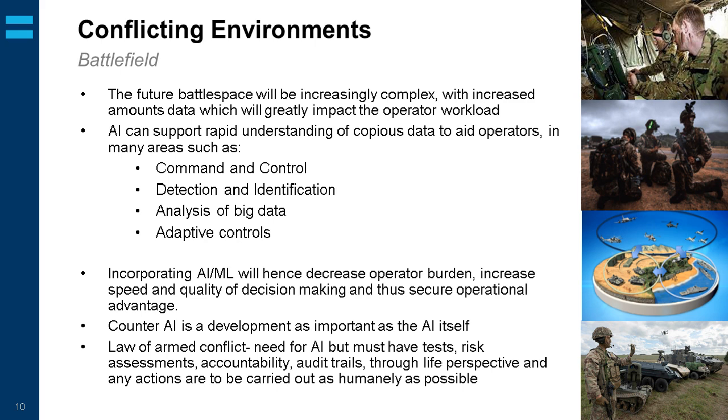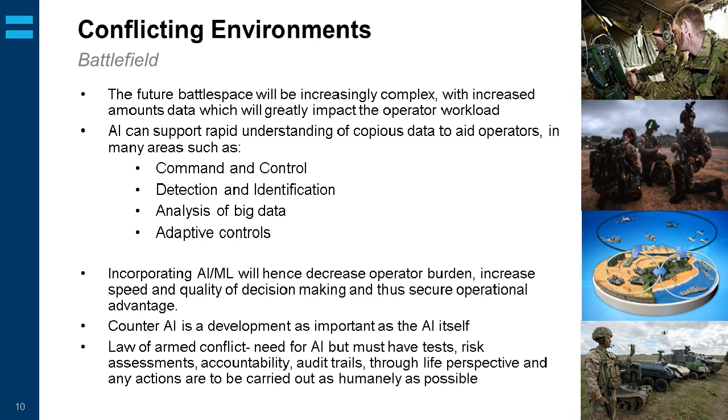We've got detection and identification. We see a lot of systems within the visual domain, so they can detect cars, things like that. If you suddenly bring that into a battlefield, this can help operators to understand the situation that they are within. Now, we've already said analysis of big data. This is a very, very valid point, and I can't reiterate enough how much this needs to be looked at.